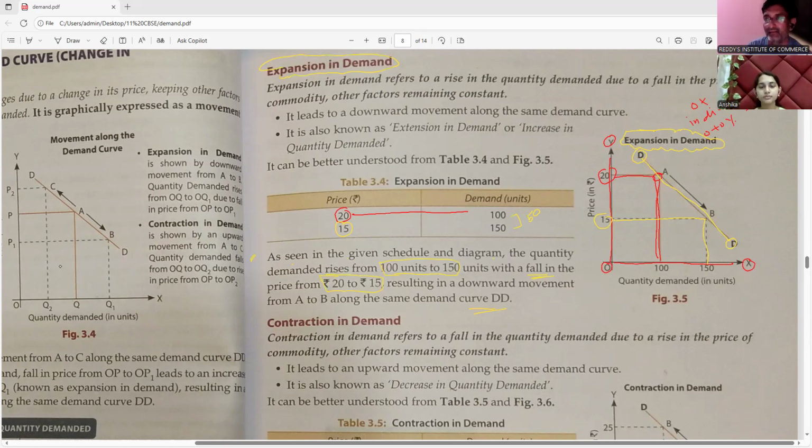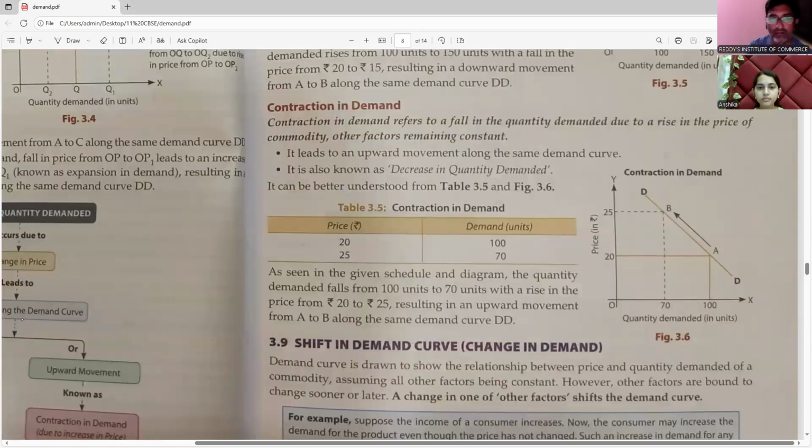Then again, contraction. It is totally vice versa. Contraction in demand refers to a fall in the quantity demanded due to a rise in the price of the commodity.